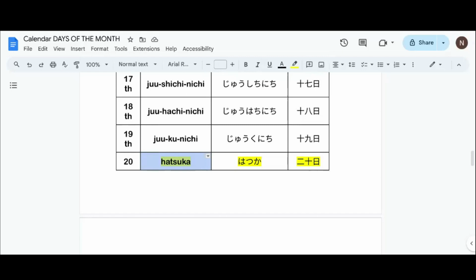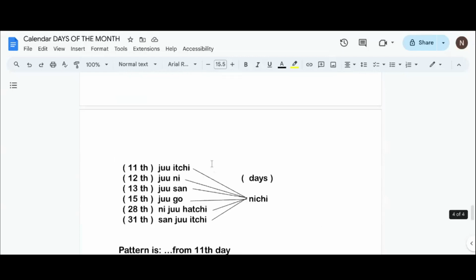We never use nijusai, but we say hatachi for 20 years old. Same with the days in the calendar. It is not nijuu nichi, but it is hatsuka. So remember this, the 20th, hatsuka.